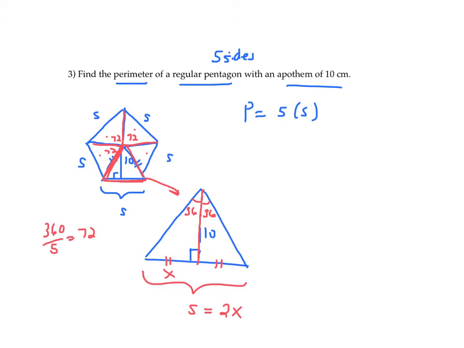Okay, here's where the trig comes in. That side marked with the x is opposite to our angle marked with 36, and 10 is adjacent. So we want to work with the tangent function. So I'm going to say that tangent of 36 degrees is equal to x over 10.